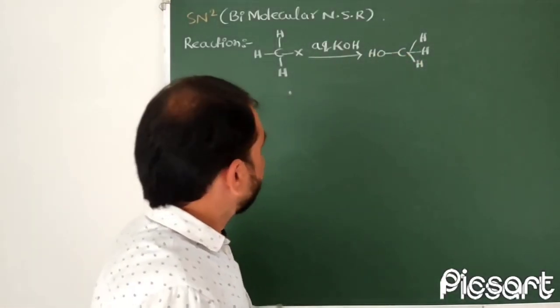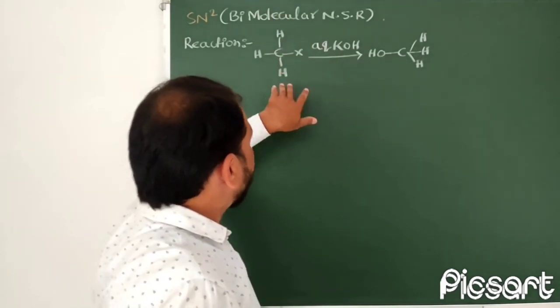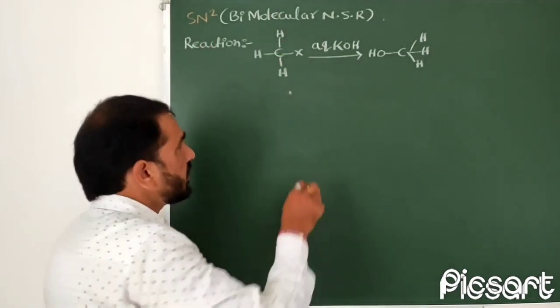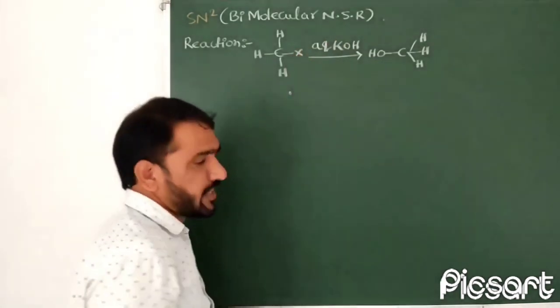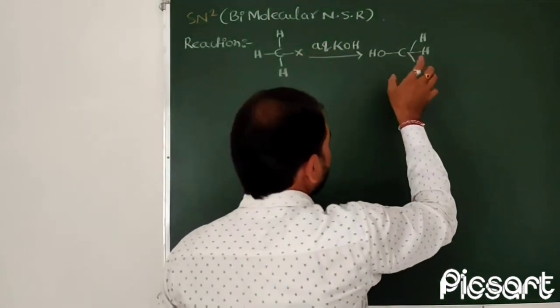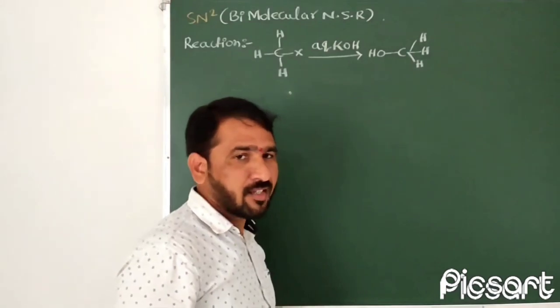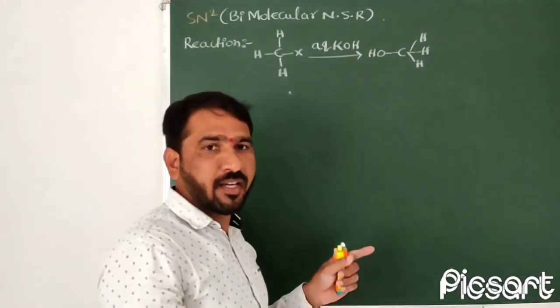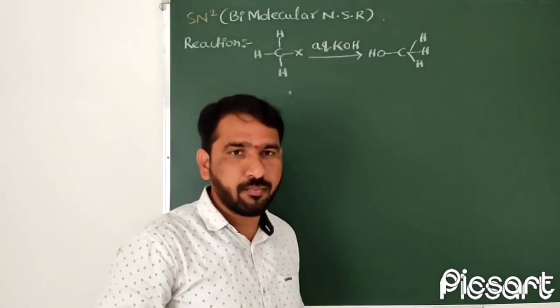Right? Then here in reactant which participated in SN2 reaction, leaving group is at right side, but in the product which formed in the SN2 reaction, attacking nucleophile is at left side, complete reverse of the leaving group.